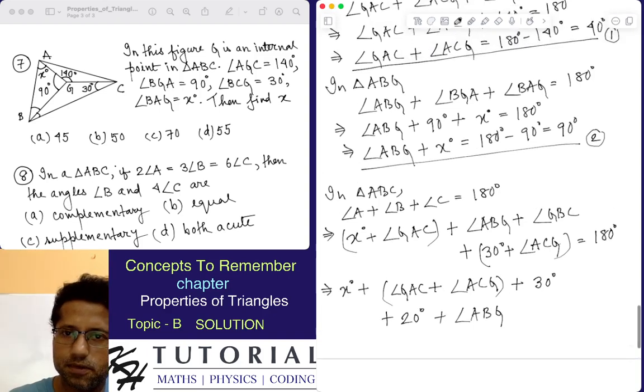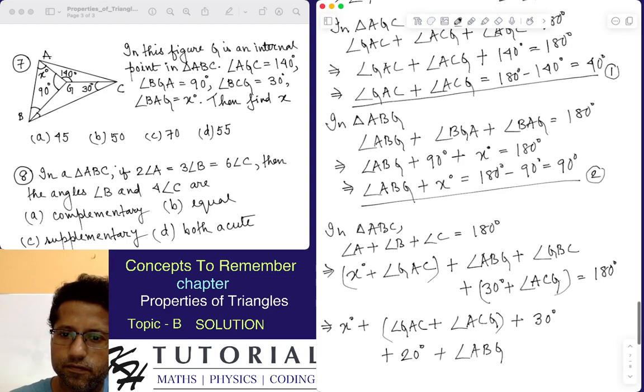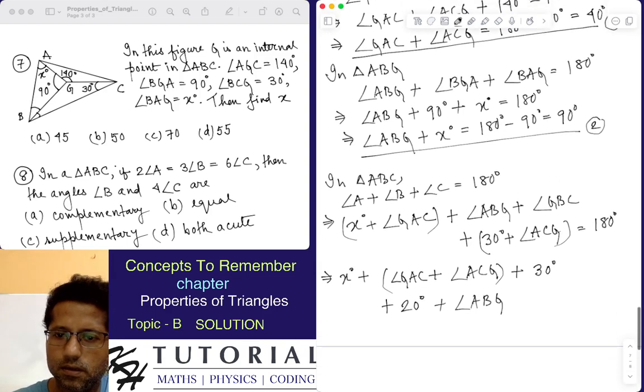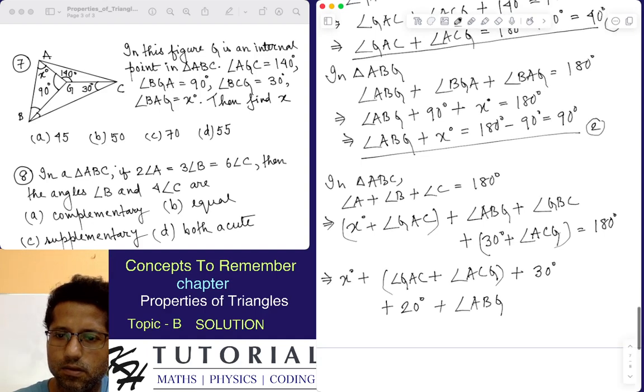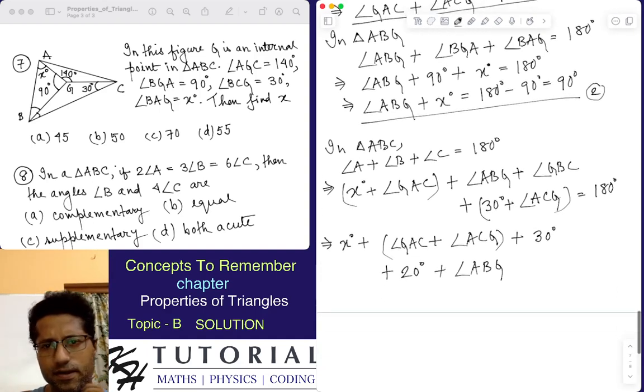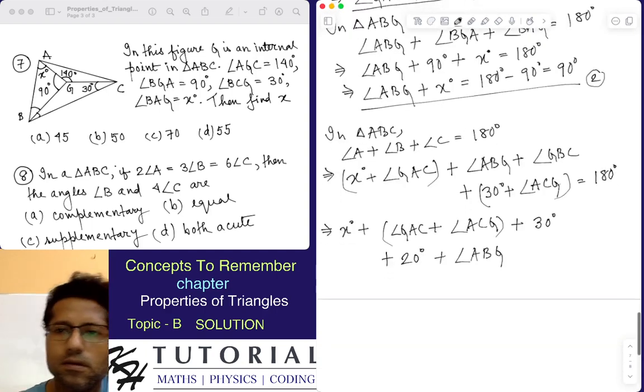And angle GAC plus ACG is 40 degrees. So 40, 90. Okay, so we are getting a kind of identity. We cannot solve for x. How come?